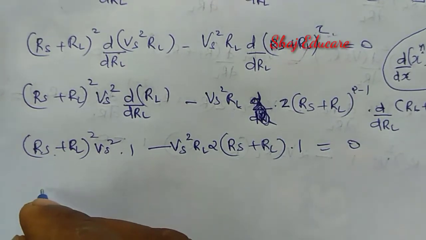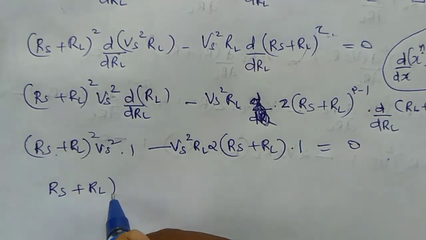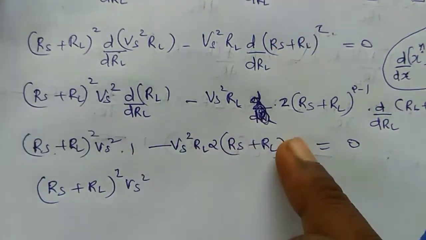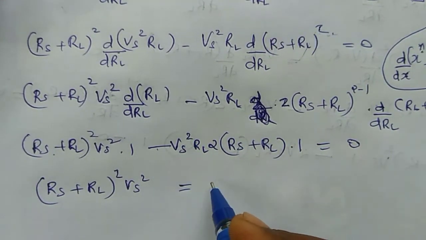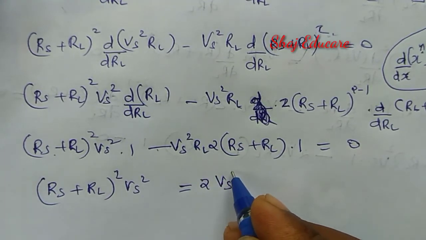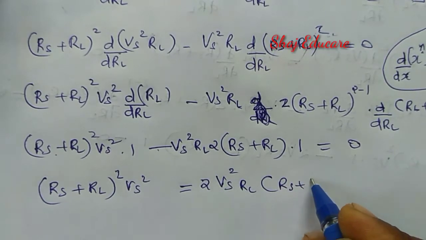Then the expression will be, in the LHS, (Rs plus RL) whole square into Vs square. If I take this one to the right hand side, this minus term becomes plus: 2 Vs square RL into (Rs plus RL).